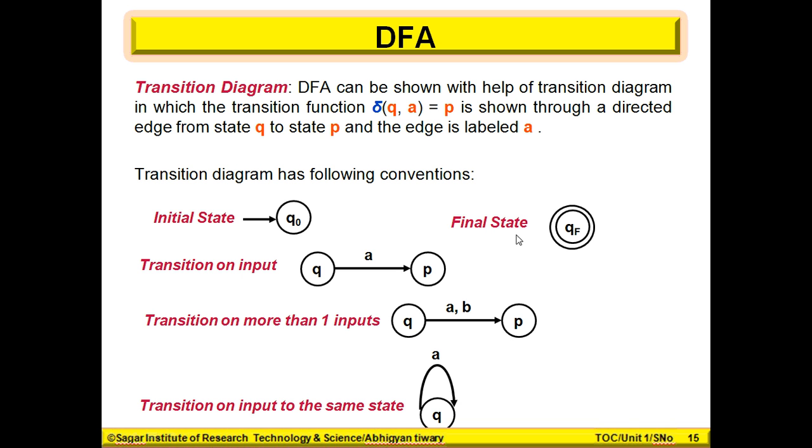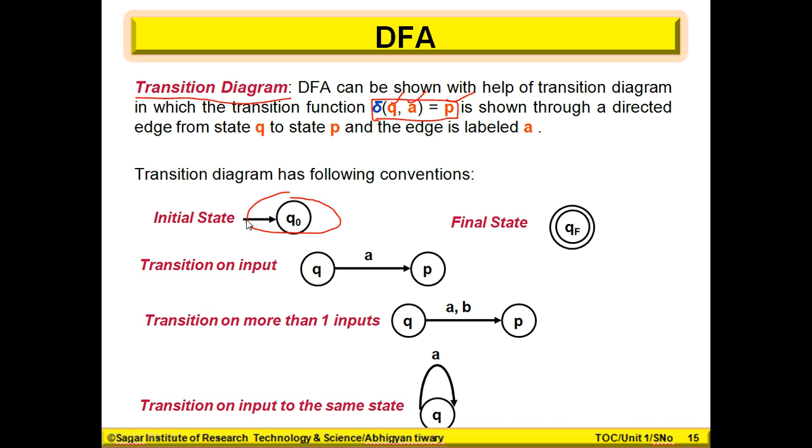Now we'll see the pictorial notation that we are going to use for making a transition diagram. In a transition diagram we are talking about the transition, that is the δ function: after a state Q, after reading A, we will move towards P. The notation for the initial state is a circle with an arrow mark.